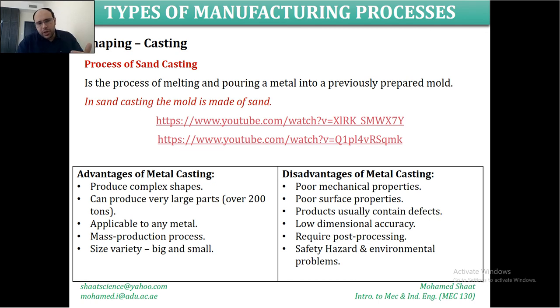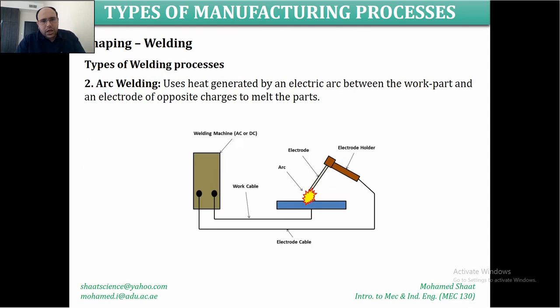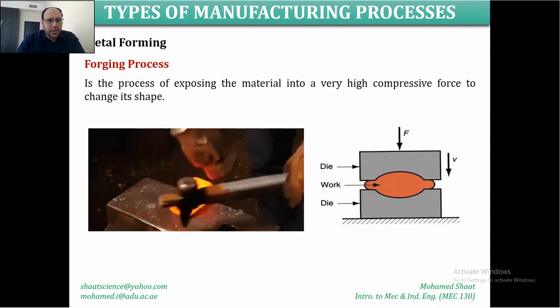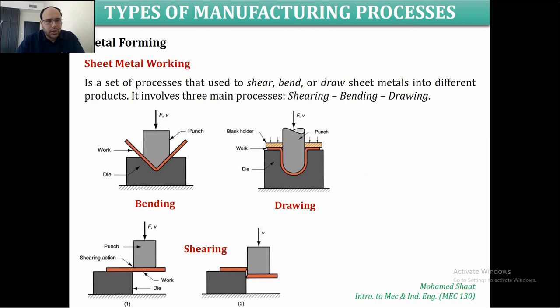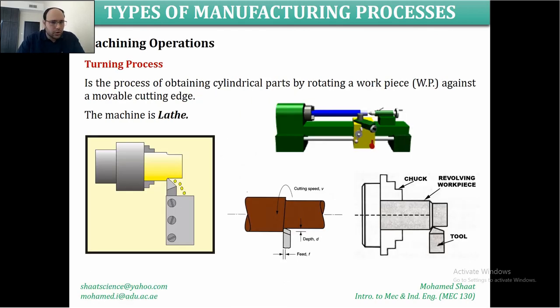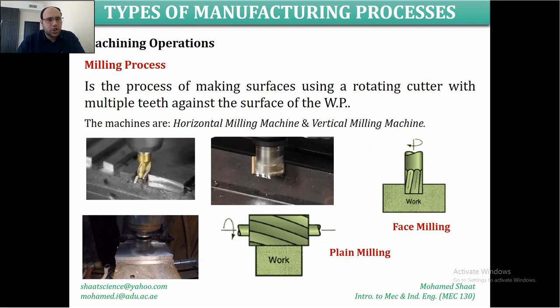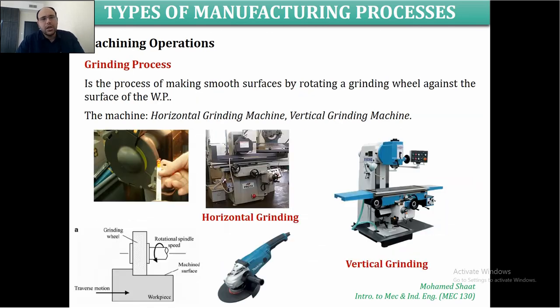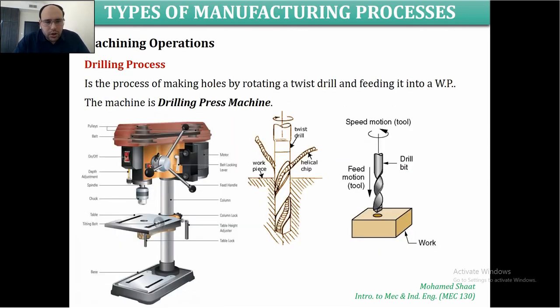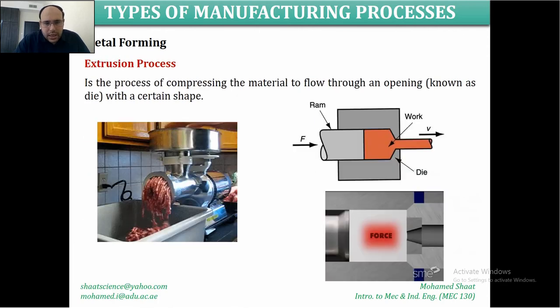In shaping, we are going to discuss casting and welding. In metal forming, we are going to discuss rolling, forging, extrusion, drawing, and sheet metal working. In machining, we are going to discuss turning, drilling, shaping, milling, and grinding. Make sense? So this is what we are going to discuss.